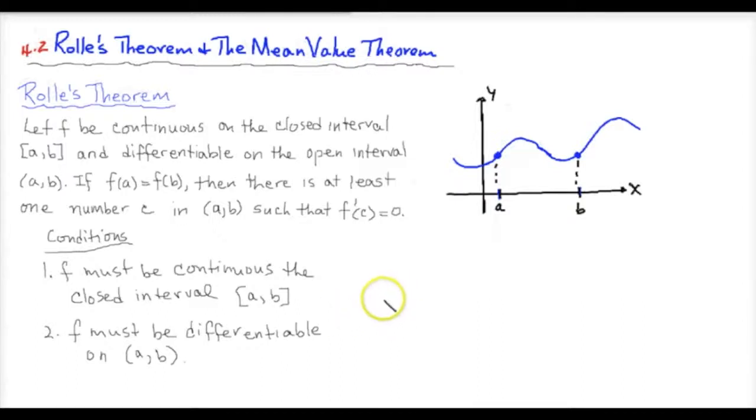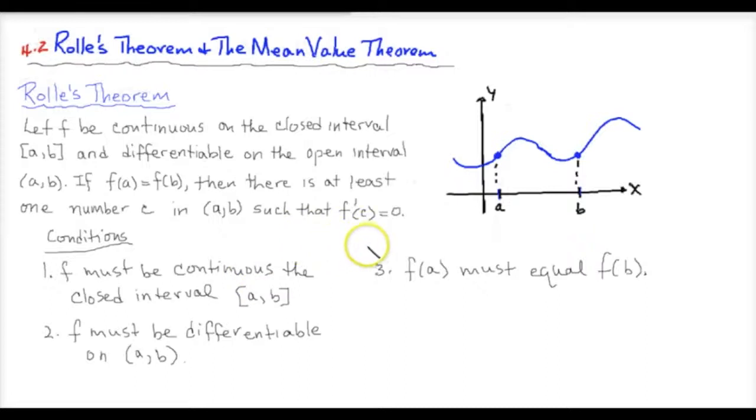Then there's a third condition. The third condition says that f of A has to be equal to f of B. When these three things happen, then there's guaranteed to be a number C such that f prime of C is equal to 0. And that number C is going to be in the open interval.